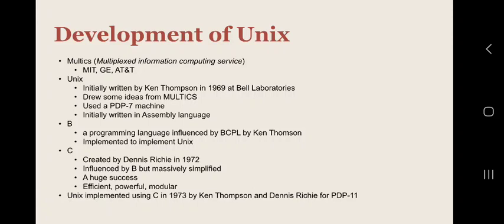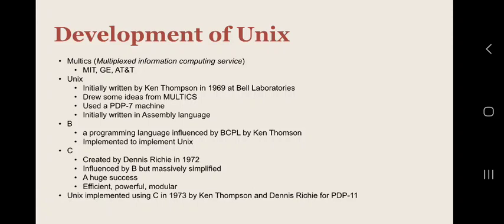Unix was then implemented using C in 1973 by both Ken Thompson and Dennis Ritchie, later on a PDP-11 machine. And C has been the number one language for a very, very long time. It still dominates certain low-level system programming tasks.